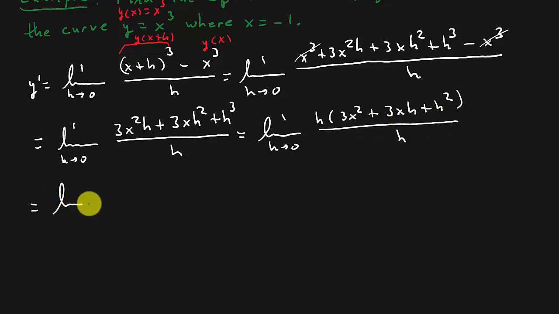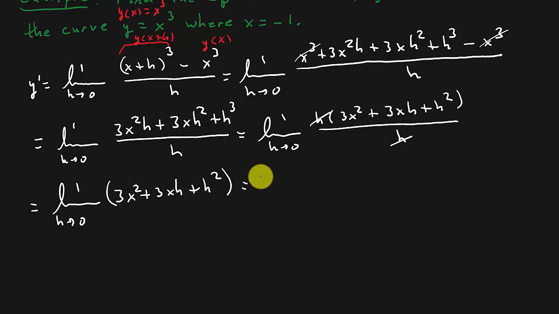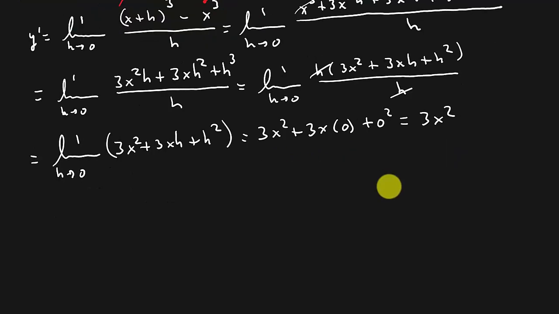And so this is going to be the limit as h goes to 0, and you can see here the h's cancel, so that's 3x squared plus 3xh plus h squared. And that's going to be 3x squared plus 3x times 0 plus 0 squared, which is 3x squared. And so what this gives me is y prime is equal to 3x squared. There's my derivative.